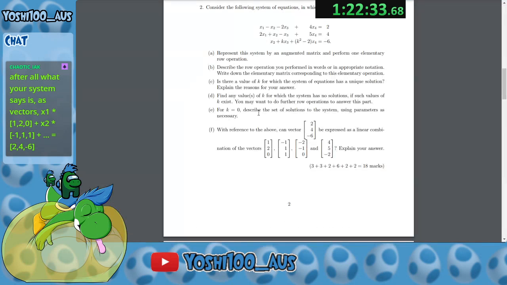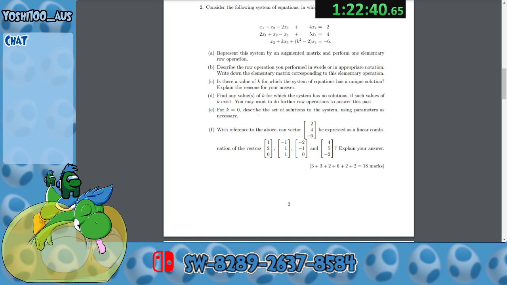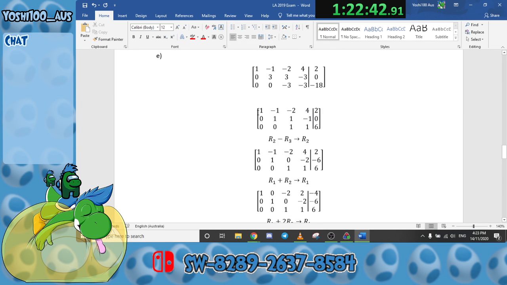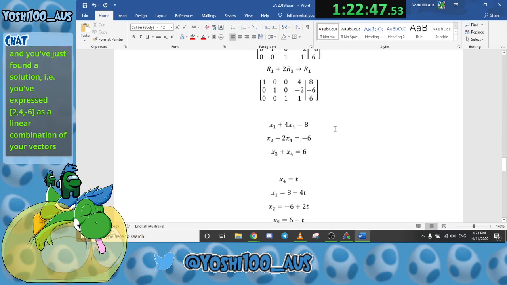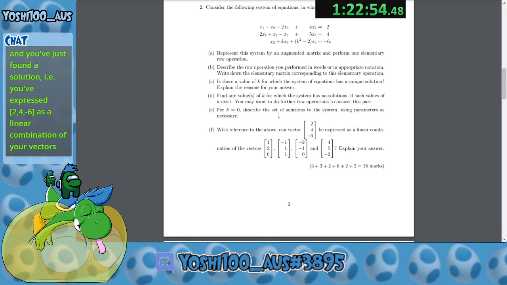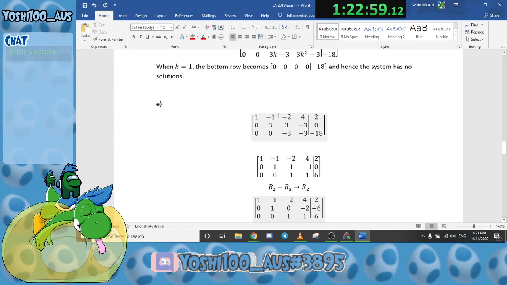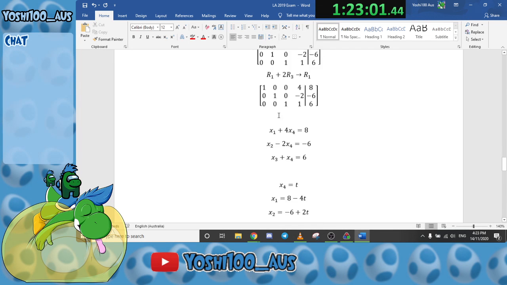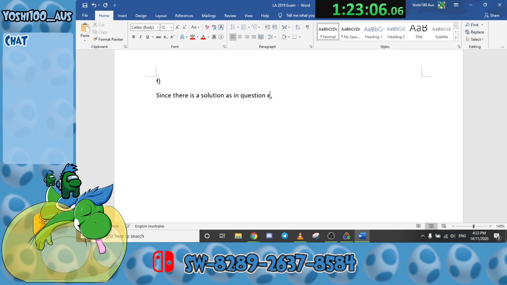Wait. I guess this is extra steps, right? Because you could always set the parameter early on, and they would just do some rearranging. I was like, this is 2 marks. Finding a solution is expressing 2, 4, minus 6 as a linear combination of vectors. Gotcha. As in question 9.